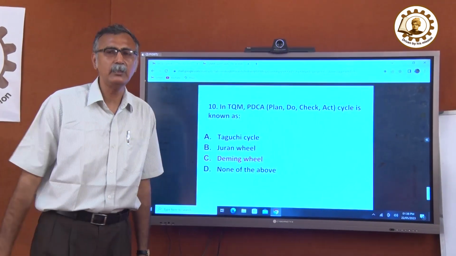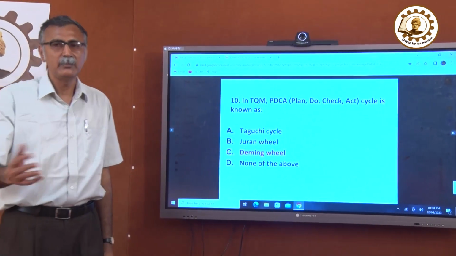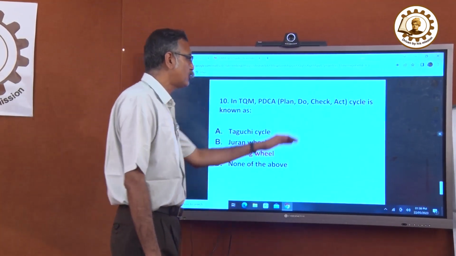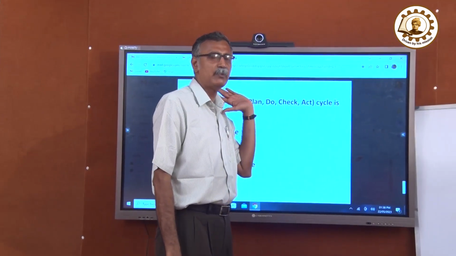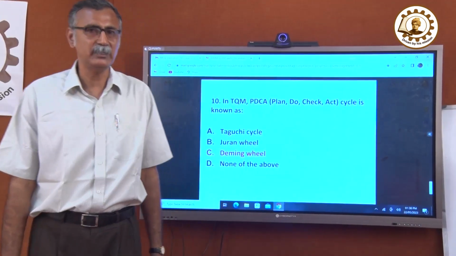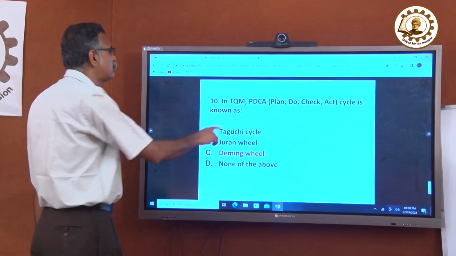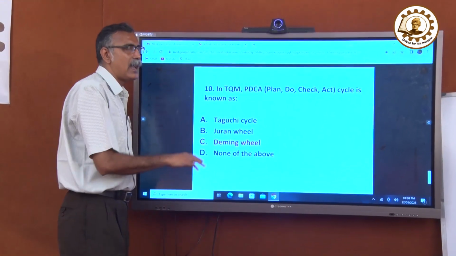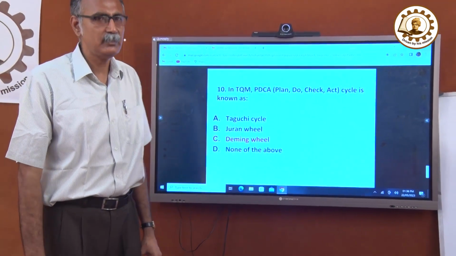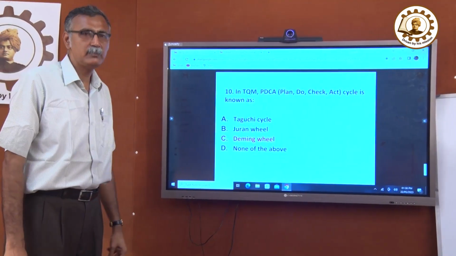Once you implement it, there is no point of returning from that. So check twice, thrice, n number of times. And the last one is act, which means the implementation. So that is the concept of PDCA, and PDCA is the philosophy propagated by Mr. Deming. So this is called Deming's wheel.